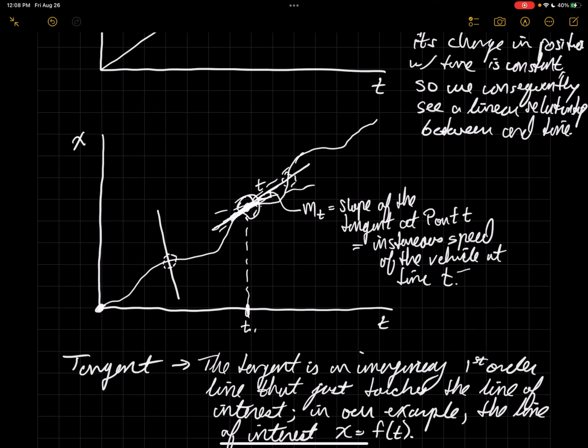We basically say this is our point P, and we're going to define some point Q, and we're going to determine the limit of the slope of the secant between P and Q as Q approaches P. And as we allow Q to infinitesimally approach P, that will allow us to determine the instantaneous speed of the vehicle at point P, okay?